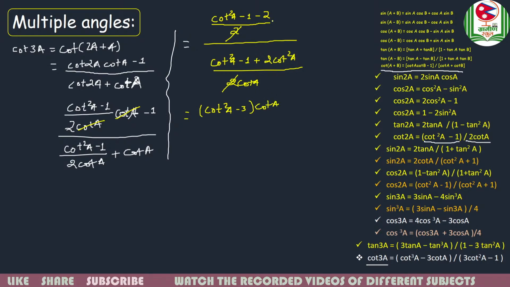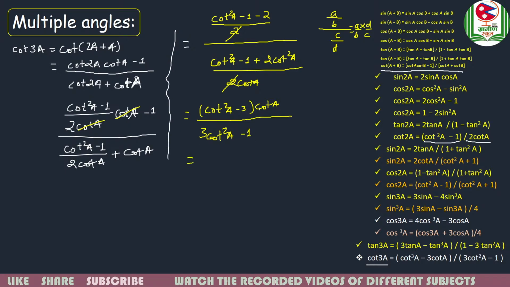This cot A is going to be multiplied with the numerator. As we know, A by B whole divided by C by D can be written as A by B into D by C. So we have done nothing, we have just applied this rule. So it is going to be cot square A plus 2 cot square A, it is 3 cot square A minus 1.